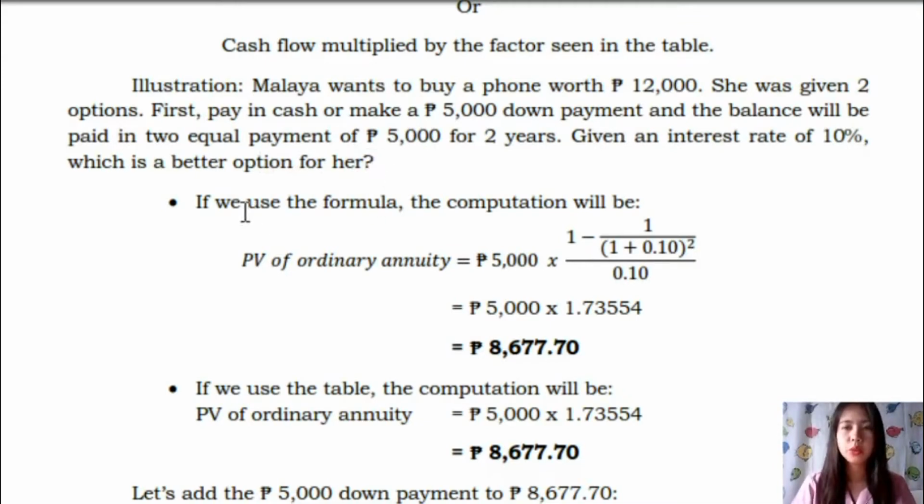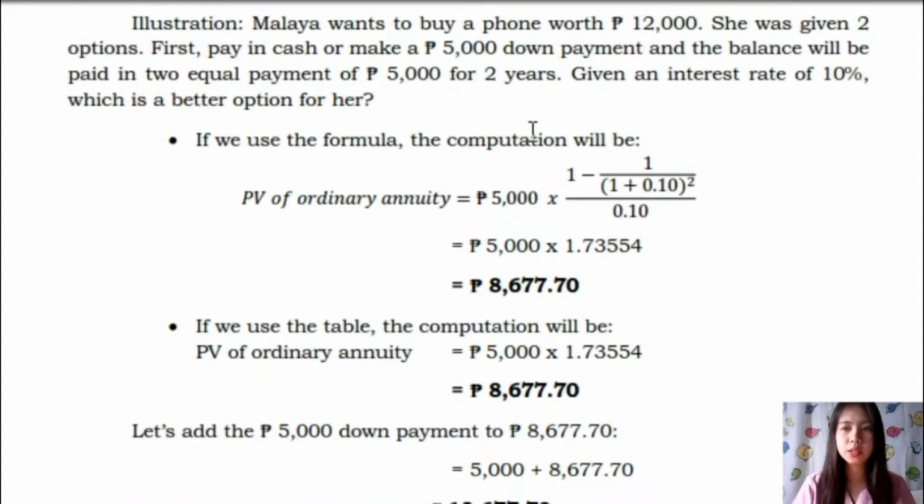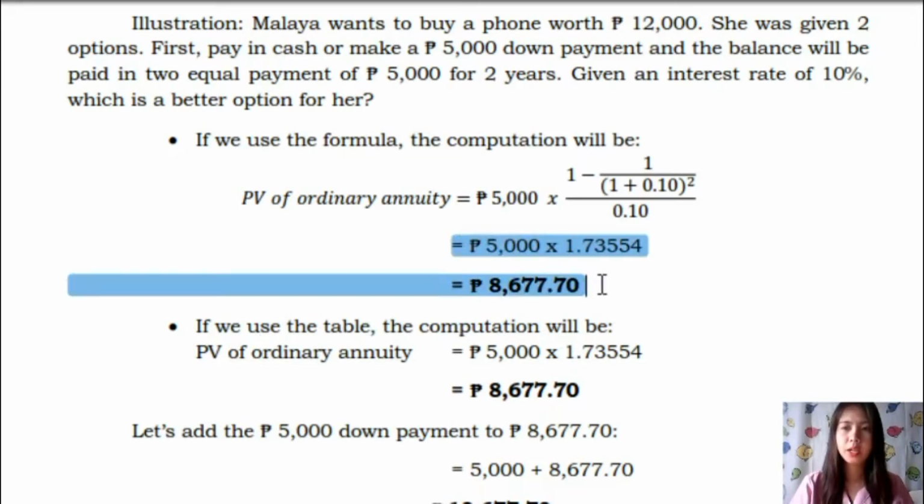So, if we use the formula for computation, it will be 5,000 multiplied by 1 less 1 over 1 plus the 10%, and you will get 1.73554. So it will equal 8,677.70 pesos. So if we use a table, the computation will start from here.